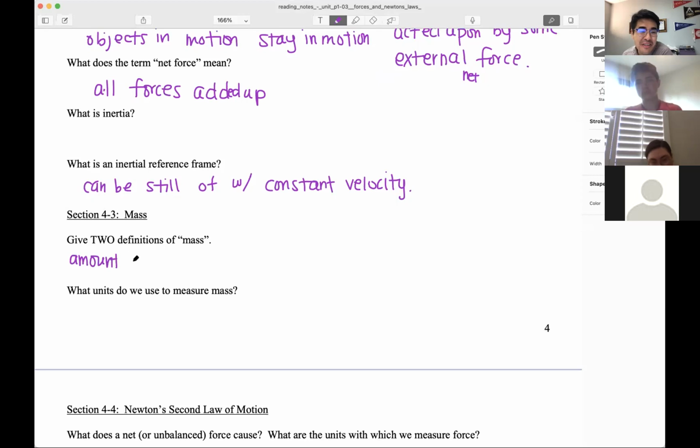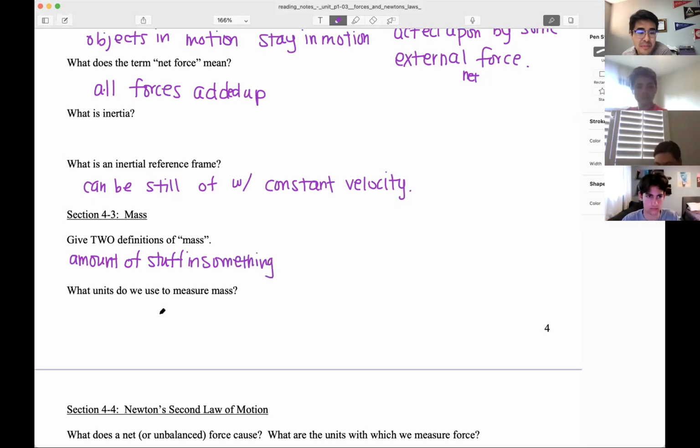The amount of stuff. And in physics, the amount of stuff in something is equal to the gravitational mass. If I take a bag and stick a bunch of rocks in it, it's going to have more mass because there's more stuff. If I stick feathers in it, there's not as many atoms technically, or the atoms are less dense. That's one definition of mass.